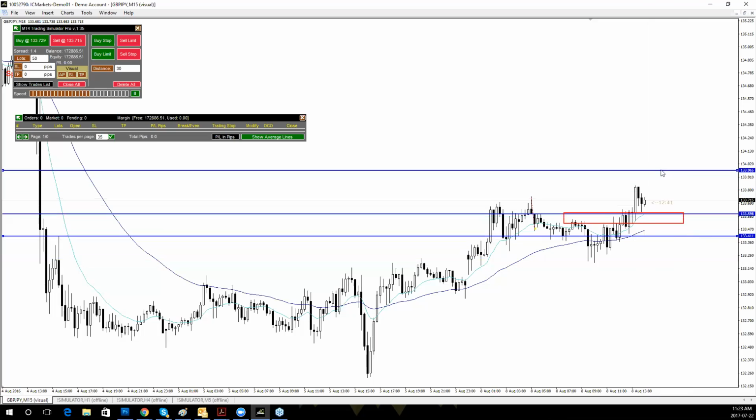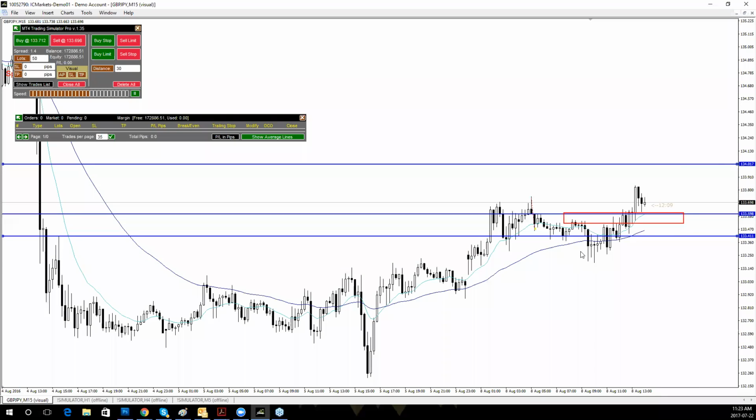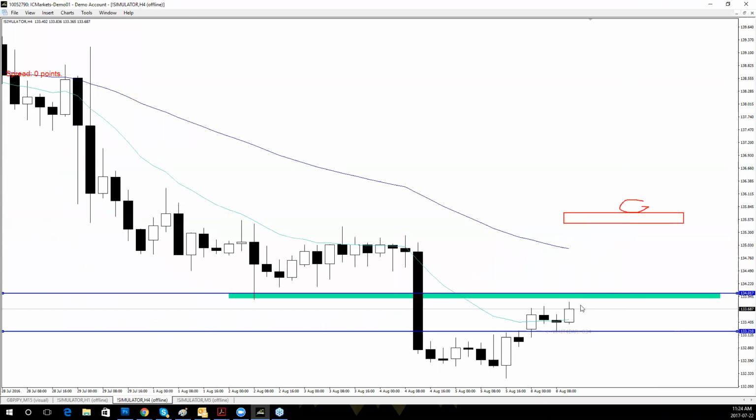I still think we're gonna go to 130. Yeah, definitely. You're right. We broke out of this resistance, coming back to retest. We're gonna retest that zone and just keep on pushing up to the green area upstairs.